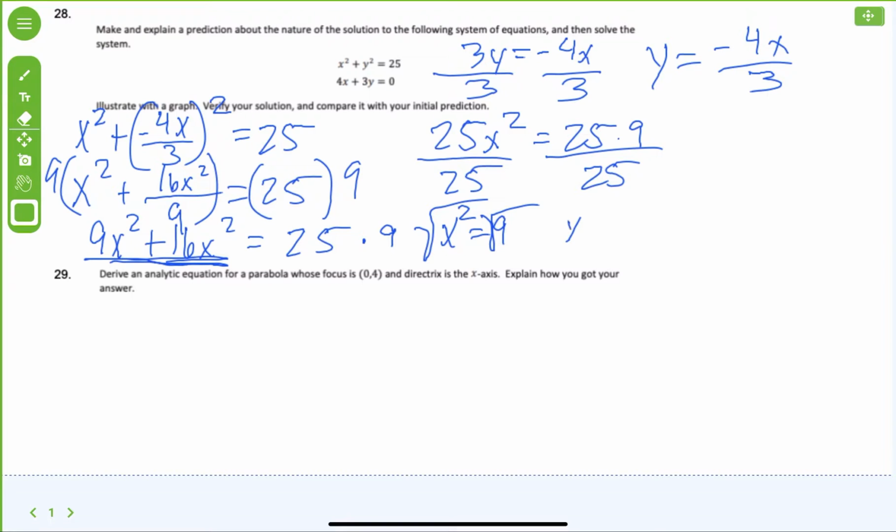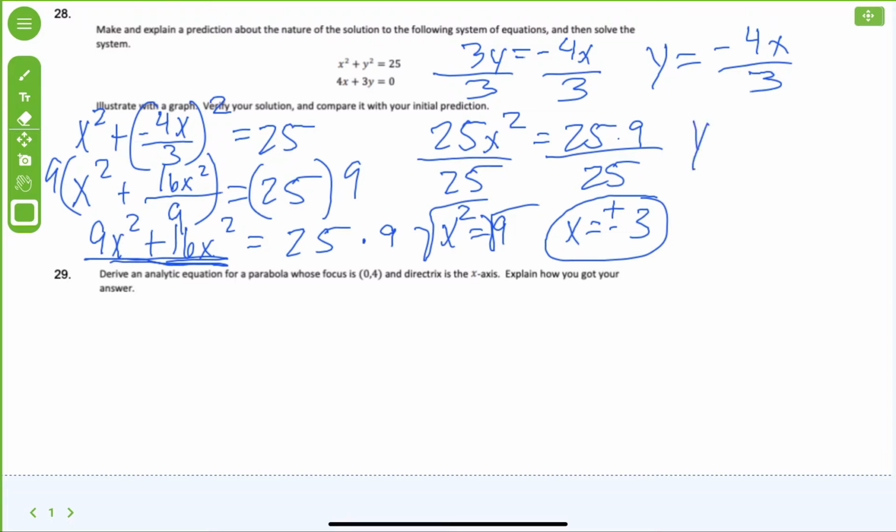Square root that, and x is going to be equal to plus or minus 3. Okay, so now we know what x is. We really don't know what y is yet, but now that we know what x is, we can plug in for those and solve.